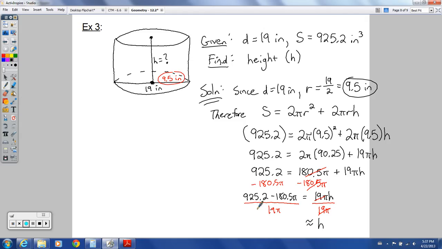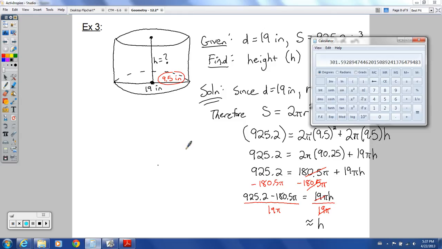And then if we type this into a calculator, let's get that calculator out and do that right now. So I'm going to have 925.2 minus 180.5. My calculator knows order of operations, so it's going to take this times pi first. It's smart. Make sure your calculator is smart like that too before you move on. So that's what the top value is, the numerator, 358.14.